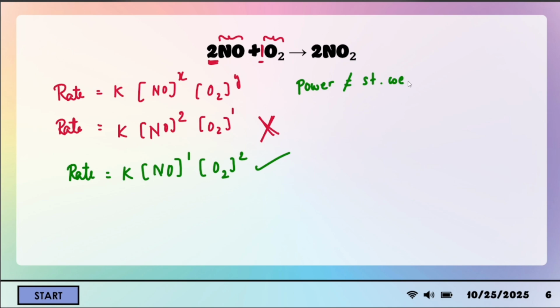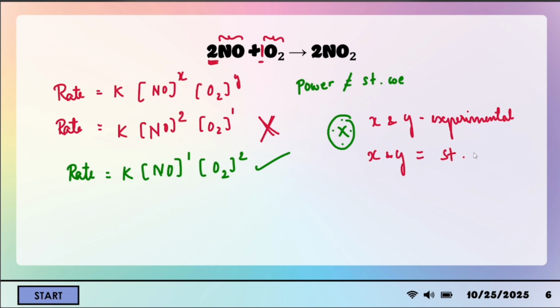So why does this happen? Very important thing to note, children. It's because these x and y are experimentally determined. So always remember, these x and y may be equal to the stoichiometric coefficient or may not be equal to the stoichiometric coefficient.